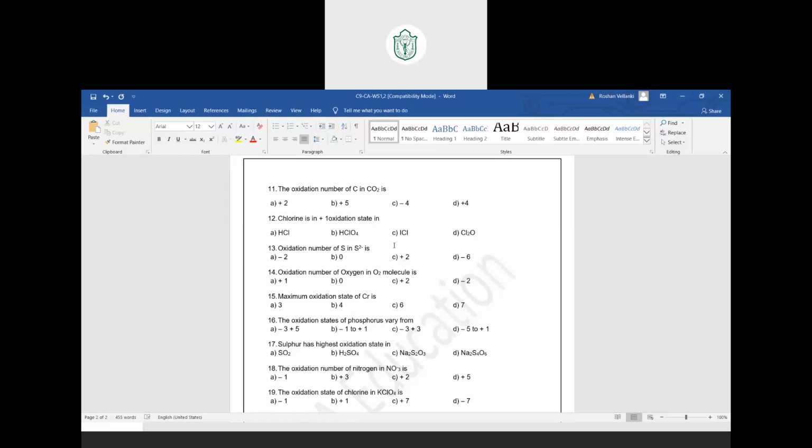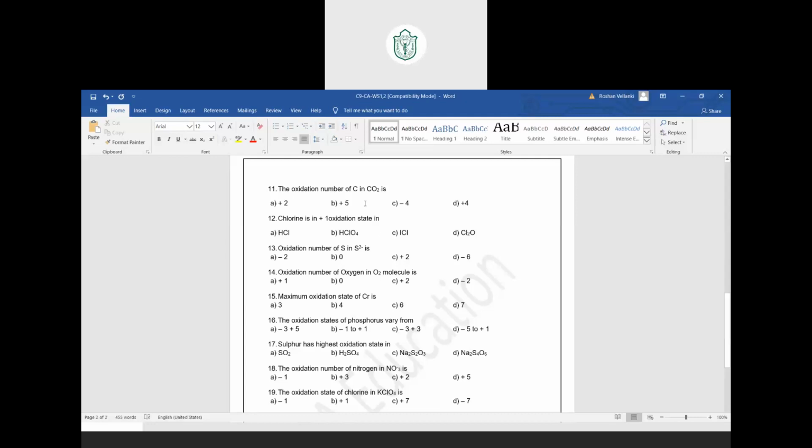I told you to solve. Chlorine is -1 in HCl. So many are sending option A. In HCl, chlorine is a highly electronegative element. First of all, do it from option A. Hydrogen is +1, chlorine is -1.